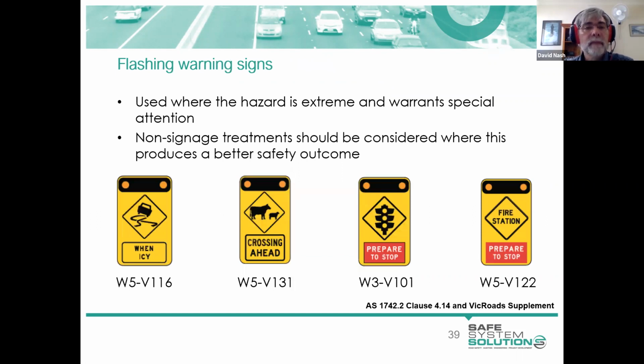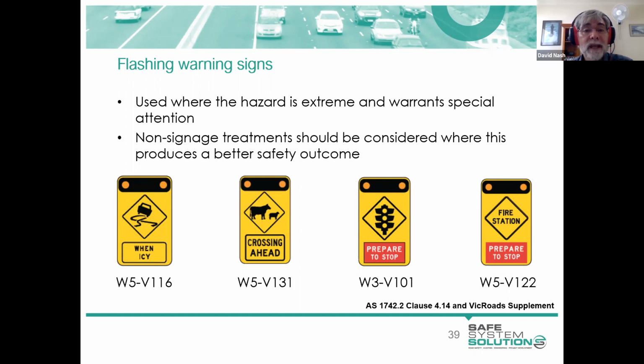Okay, flashing warning signs. So these are examples of warning signs, but in order to make them more conspicuous within the environment, they've been placed on a yellow background, and flashing yellow lights have been put on the top as well to really highlight it to the drivers.